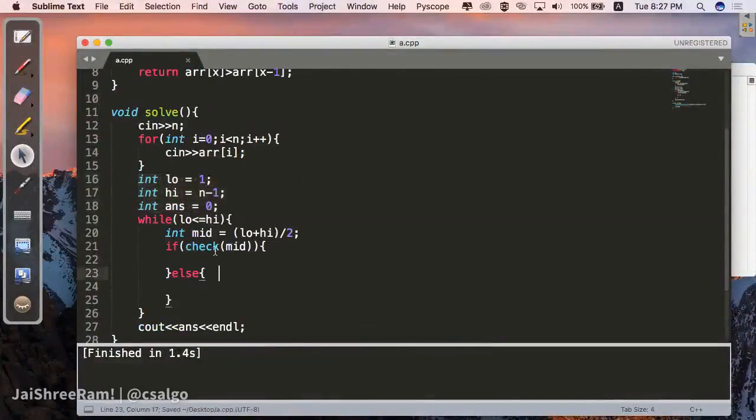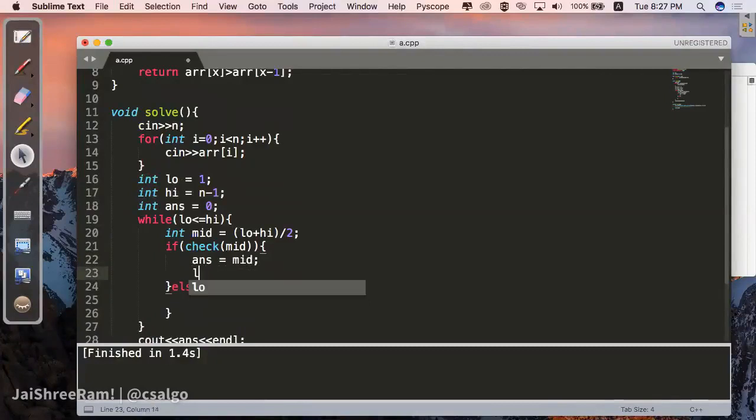Now, when you are at a particular index and it's true, then you know either that's the answer, and you move higher, or else it's not. If it's no, then you know that's not the answer and you need to look at the left side.